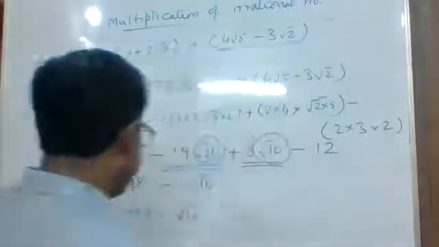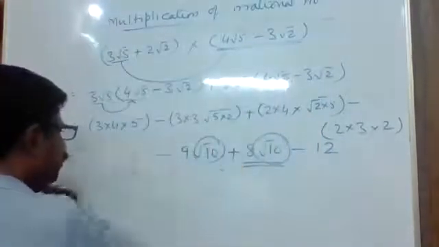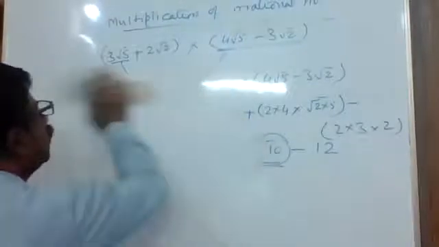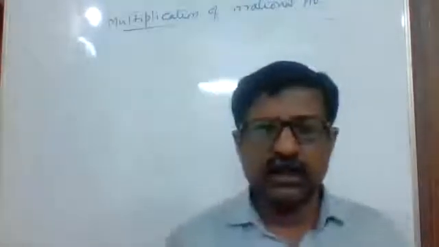Expecting my concept is clear to you, why I'm taking all these examples and why I have taken different types of examples. Clear?